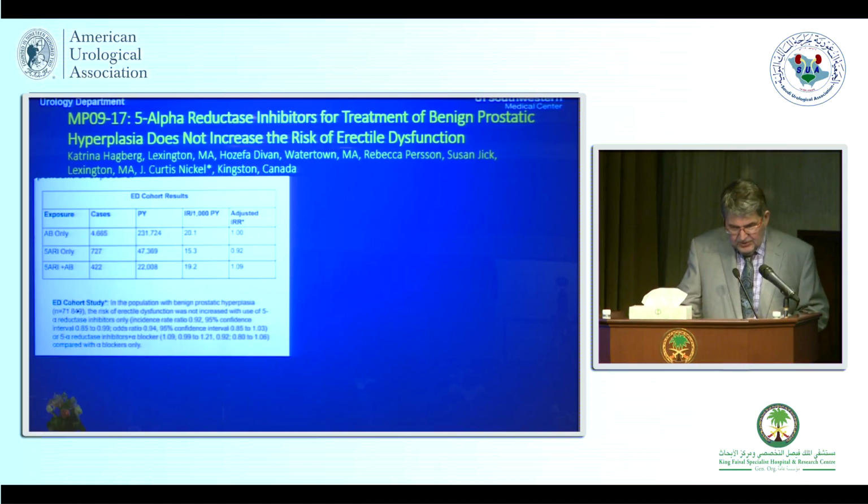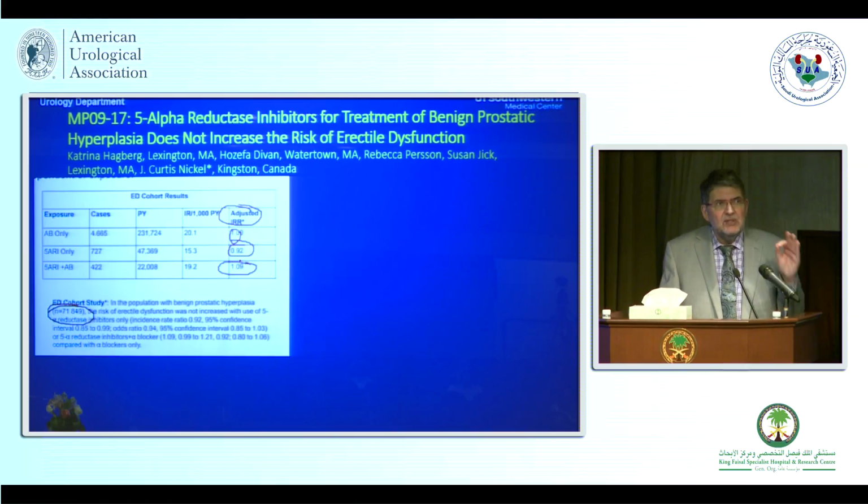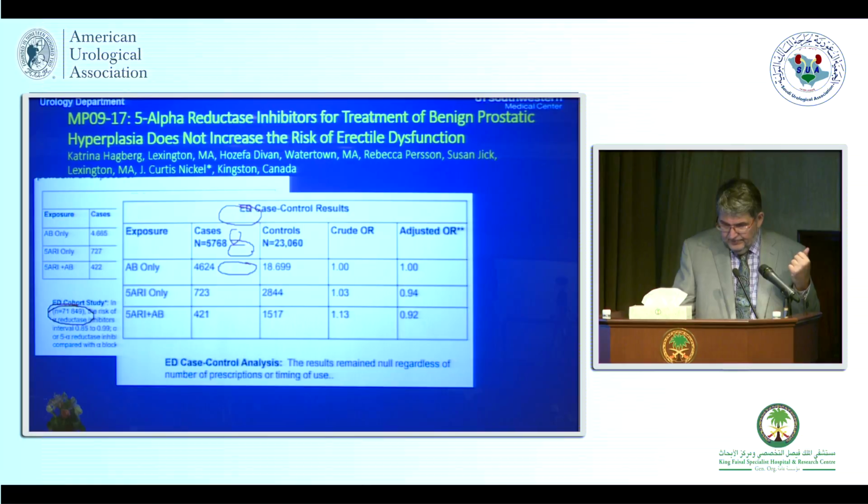So this is a cohort study in these 72,000 men, and this is the incidence rate, and this is the adjusted incidence rate per 1,000 patients. Alpha blocker is set to 1, 5-ARI is 0.92, combination is 1.09. In this large cohort, no difference in spontaneously reported new onset ED between any of the treatment groups, alpha blockers versus 5-ARI versus combination.